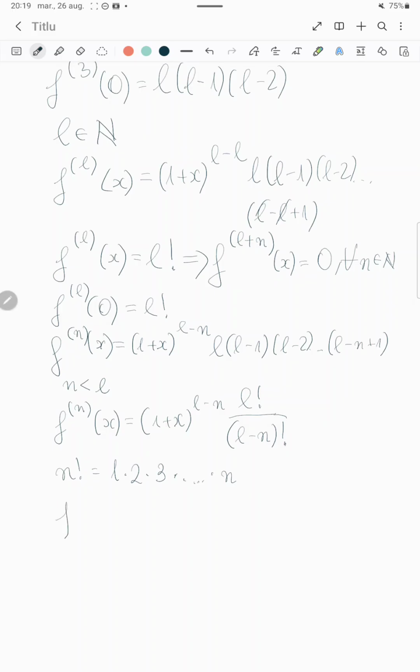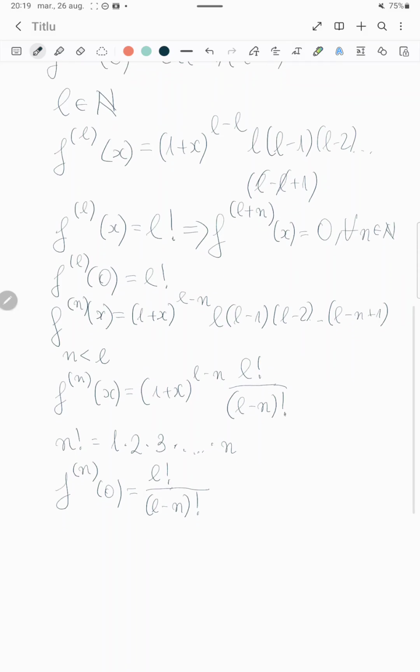Okay, and now we'll take this function at the point x equals 0. Since x becomes 0, this 1 plus x will become 1, and therefore we will have L factorial over L minus n factorial. Okay? So far so good.